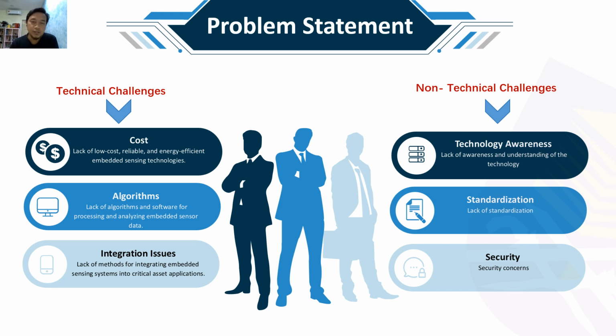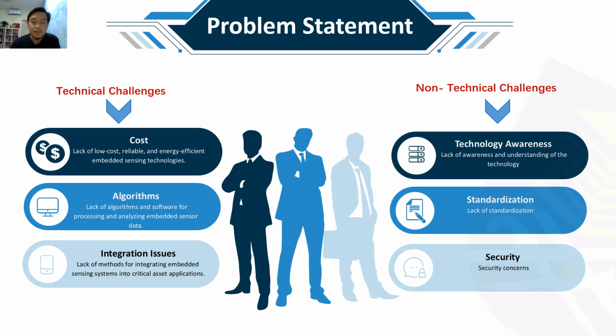And the second one is a lack of algorithms and software for processing and analyzing embedded sensor data. This data can be noisy and incomplete due to a variety of factors such as environmental interference and sensor failure. This makes it difficult to extract meaningful information from the data, which is essential for effective critical asset monitoring.